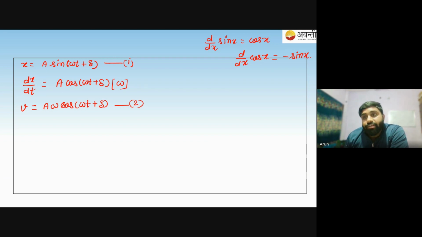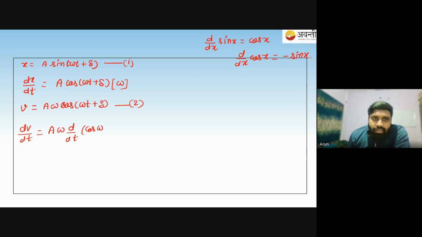Now what about the acceleration? Again you need to differentiate it. So dv by dt: a omega is constant, d by dt of cos(omega t plus delta). Differentiation of cos x is minus sin x, so it will become minus a omega sin(omega t plus delta).